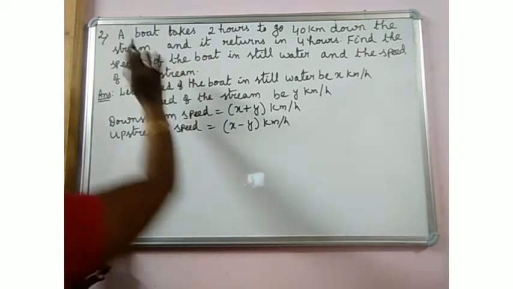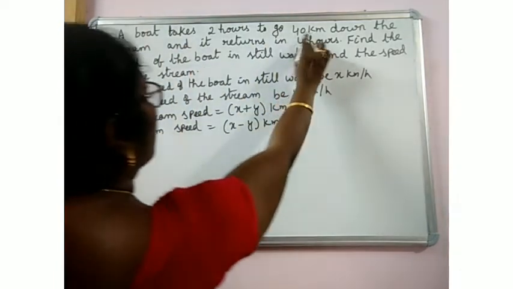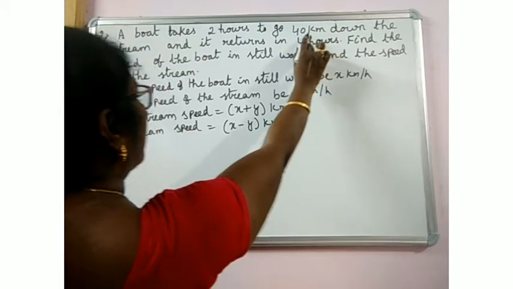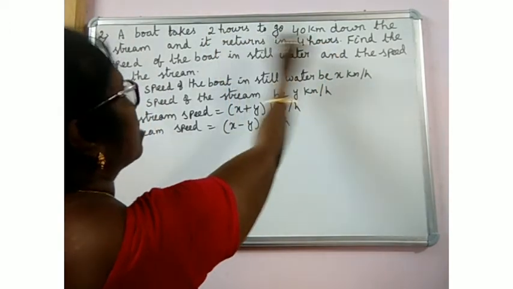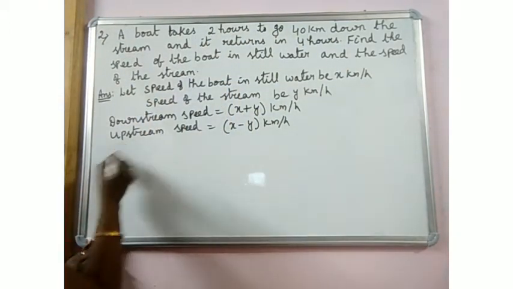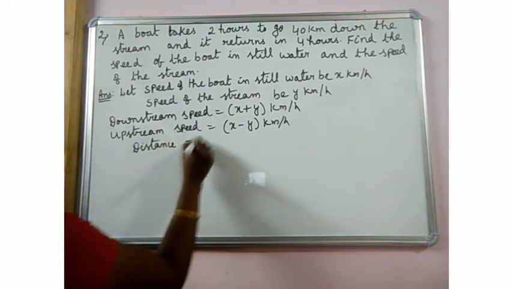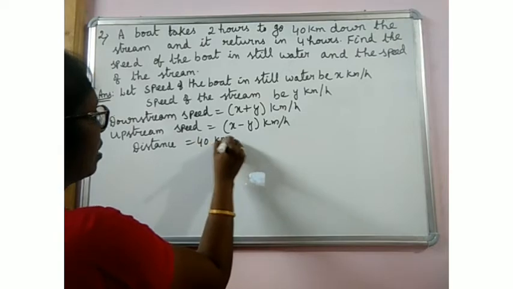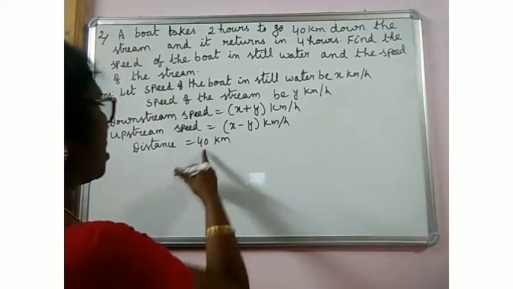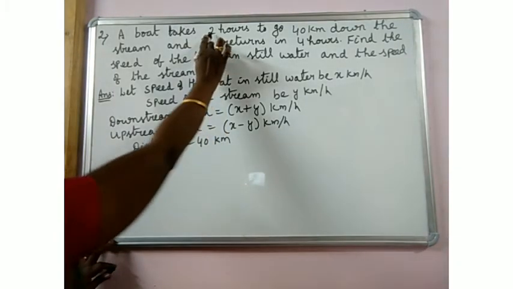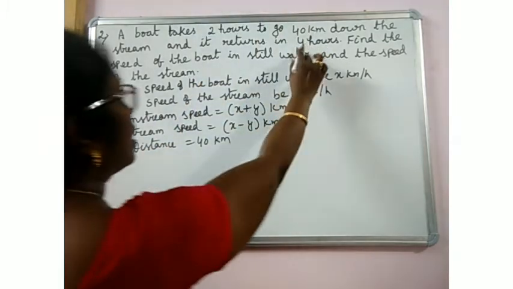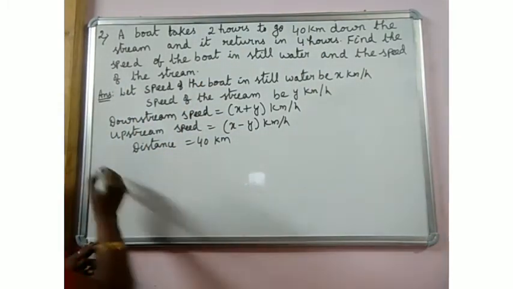Okay. Now it is given that distance is 40 kilometer, time taken 2 hours for downstream speed. Okay. Distance for both the cases is same. 40 kilometers it goes and returns same distance. But going time it is taking 2 hours time, returning time it is taking 4 hours time.